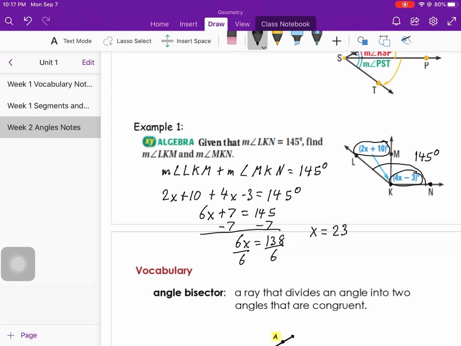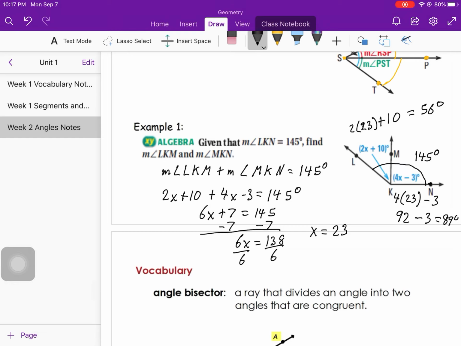So now that we know that x is 23, I'm going to plug that in up here. So now it becomes 2 times 23 plus 10, which is going to be 2 times 23 is 46, plus 10 more is 56 degrees. And then this one here, I'm going to substitute 23 in place of x. 4 times 23 is going to be 92.